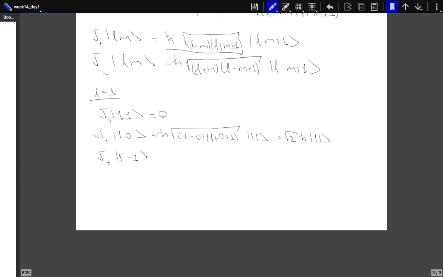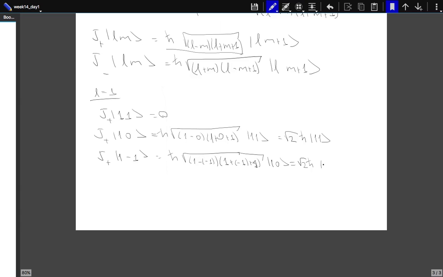And similarly, J plus acting on 1, minus 1 is h bar, square root of (1 minus (minus 1))(1 plus (minus 1) plus 1) times 1, 0.